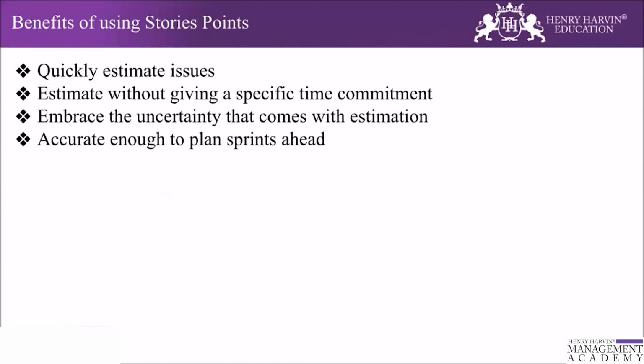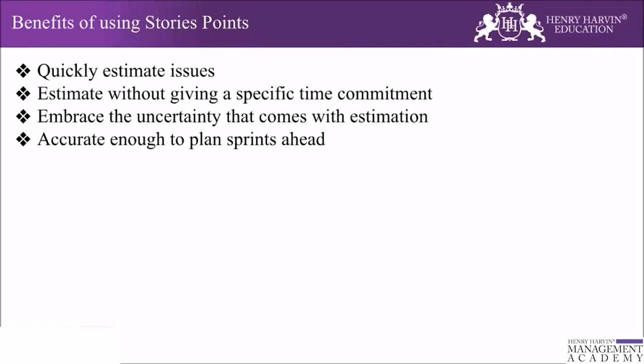The step which can be used is story point estimation. So here comes the question: what are the benefits of using story points? The first is that you quickly estimate the issue, because the estimation is relative to an already completed product backlog item, and this is faster than estimating without any reference.